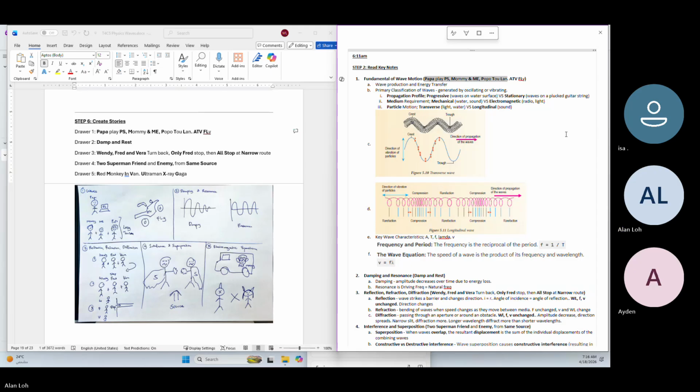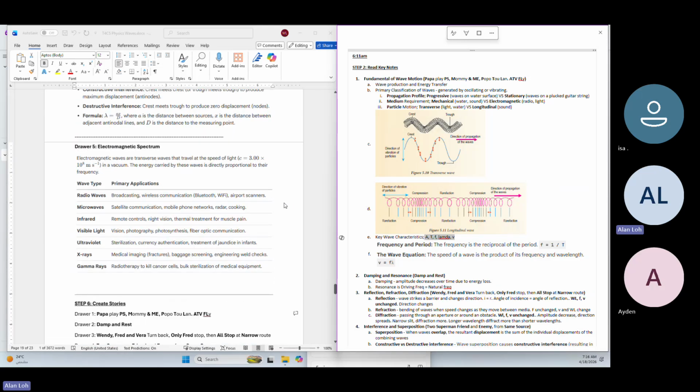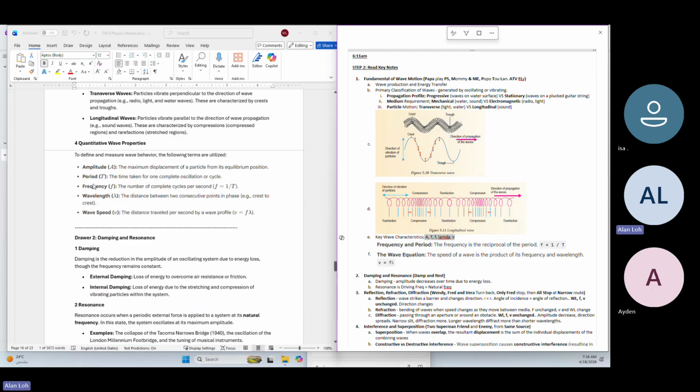Okay. Then ATV fly. What does it mean? Here, A is the amplitude, T is the time, I think. Let me see. Right, the period. Okay.